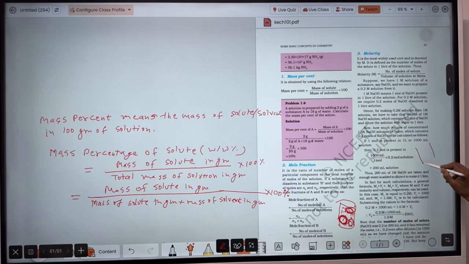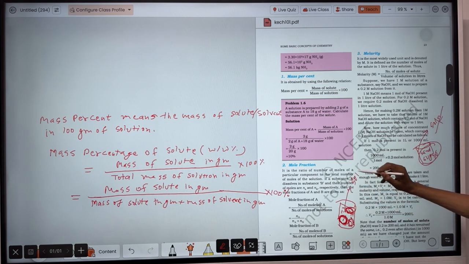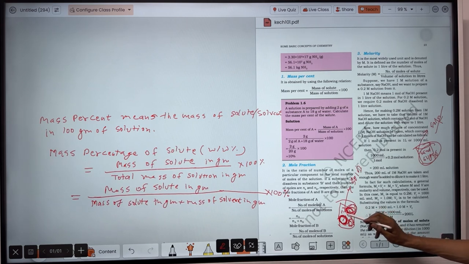But if you mix sand and salt or sugar, the composition of sand and sugar will not be the same throughout. So this is not a solution. But this one is a solution of sugar and water, because the composition of the solute and the solvent is the same throughout.